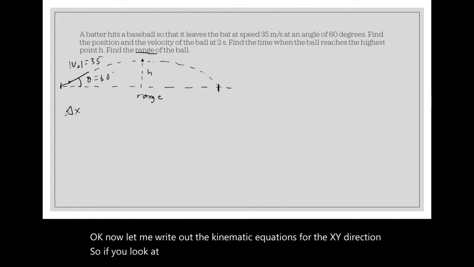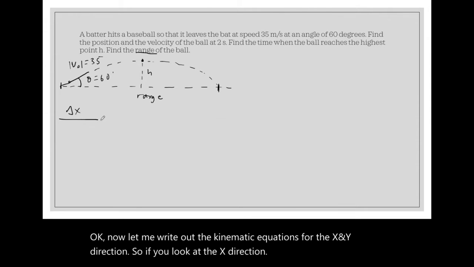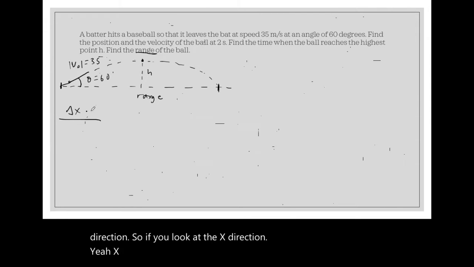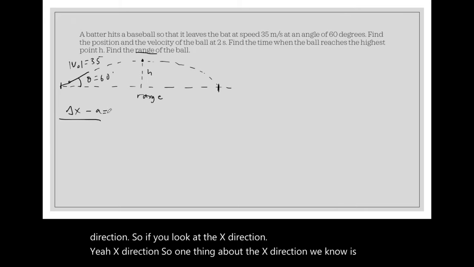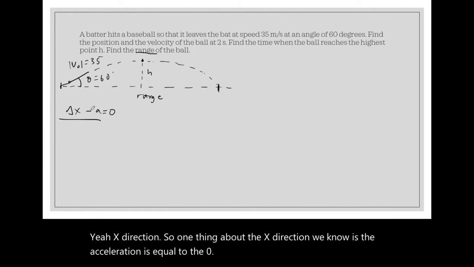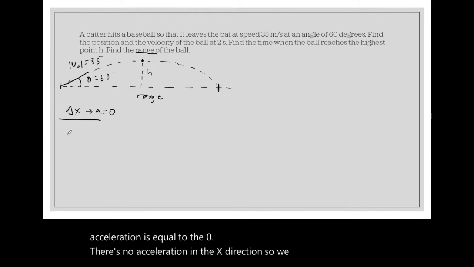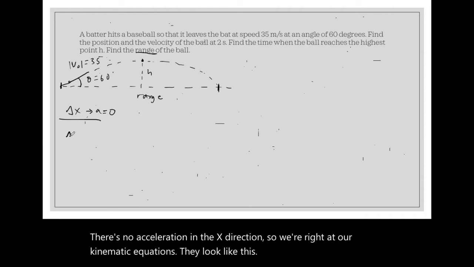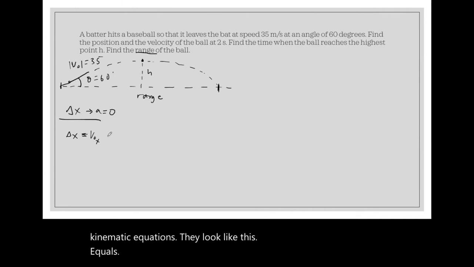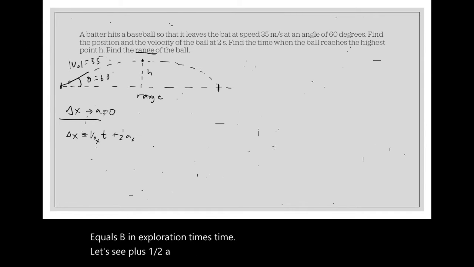So if you look at the x direction, one thing about the x direction we know is the acceleration is equal to 0. There's no acceleration in the x direction, so when we write out our kinematic equations, they look like this. Delta x equals v not in the x direction times time, plus 1/2 a in the x direction times time squared.